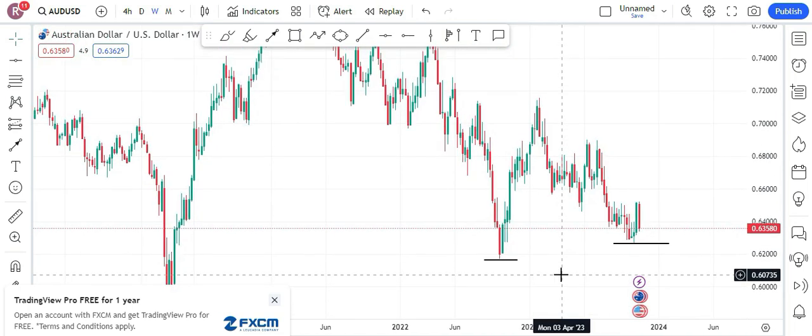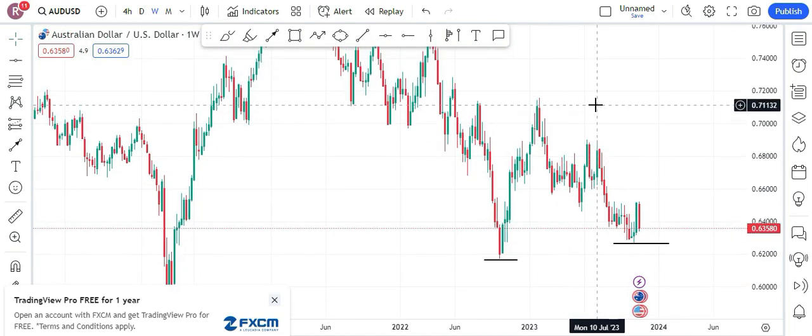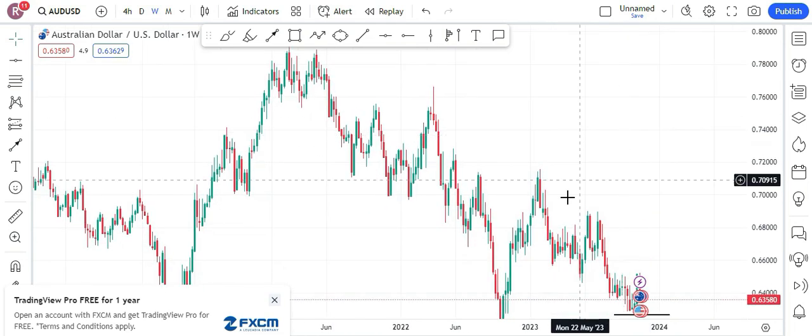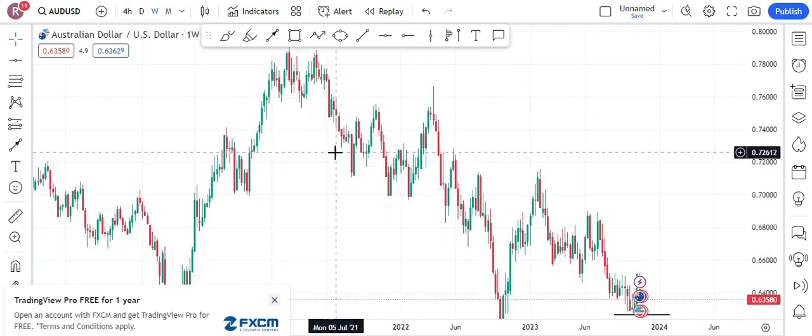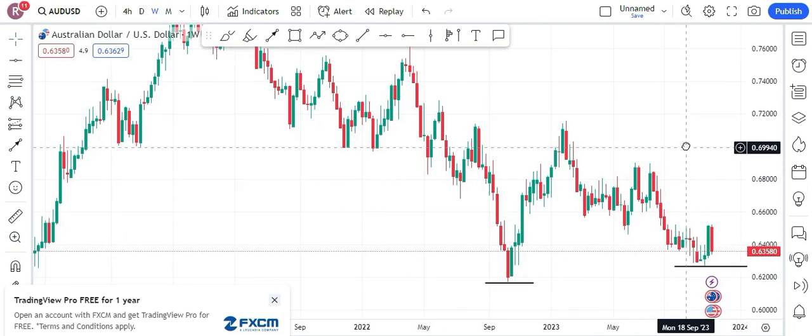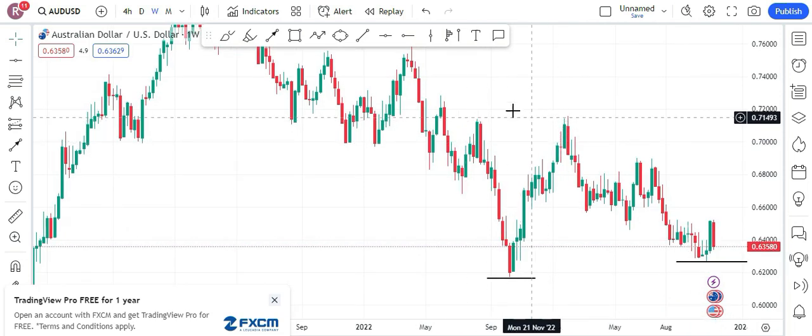Yes, we do have a double top here, this area. We can take the double top from here to here, but I don't want to go so far back in the price action. Rather I will prefer to deal with this double top.